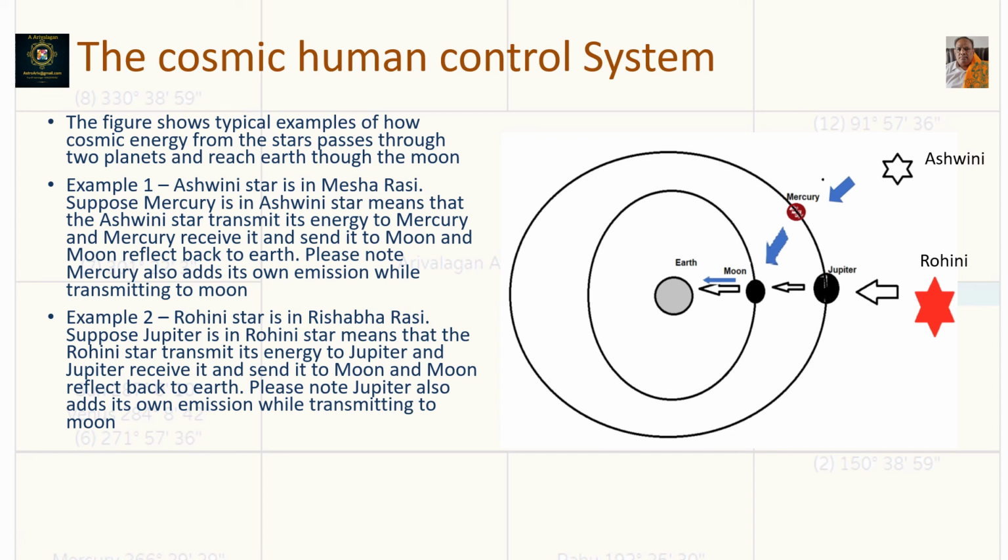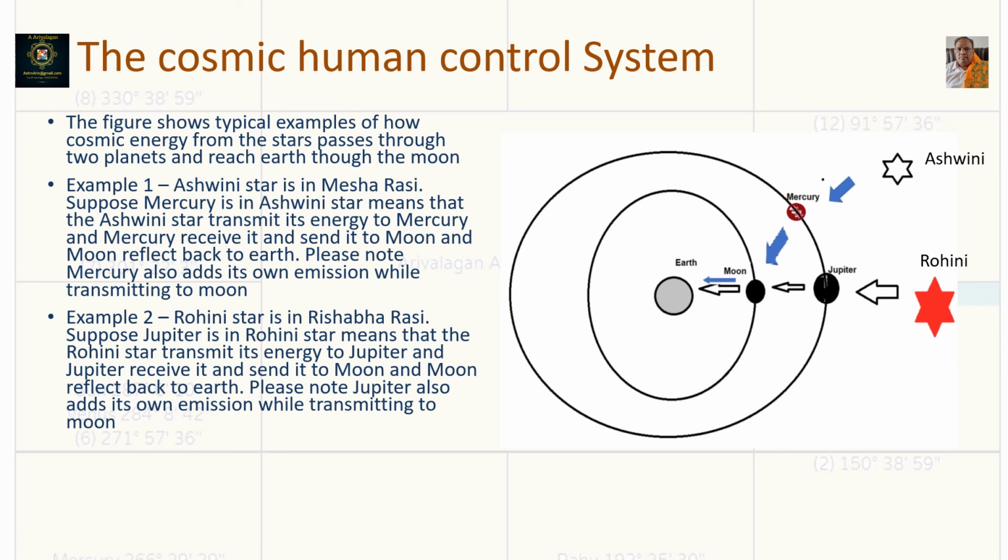The Ashwini star sends its energy to Mercury and that Mercury sends that energy to the Moon. And Mercury also adds something because it has some emission of its own. It also receives light from the sun and it also receives from Ashwini, and it combines and gives, but mostly it will be dominated by Ashwini's emissions, and that will come to the moon, it will send it to the moon.